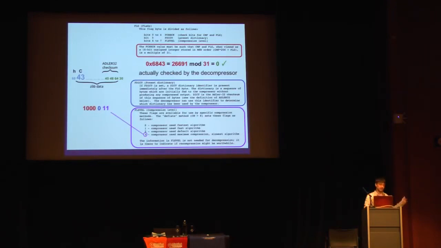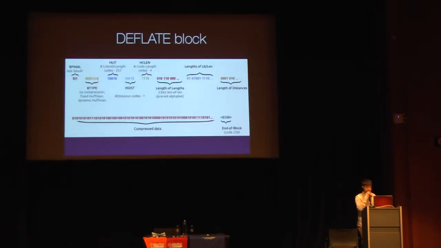We used to have a valid Swift header, because the parser is relaxed, and now we have a valid zlib header. Then, inside there is deflate, and deflate is a block compressor. You have several blocks, and each block is a kind of matryoshka. It has the first bit, which says whether it's the last block.